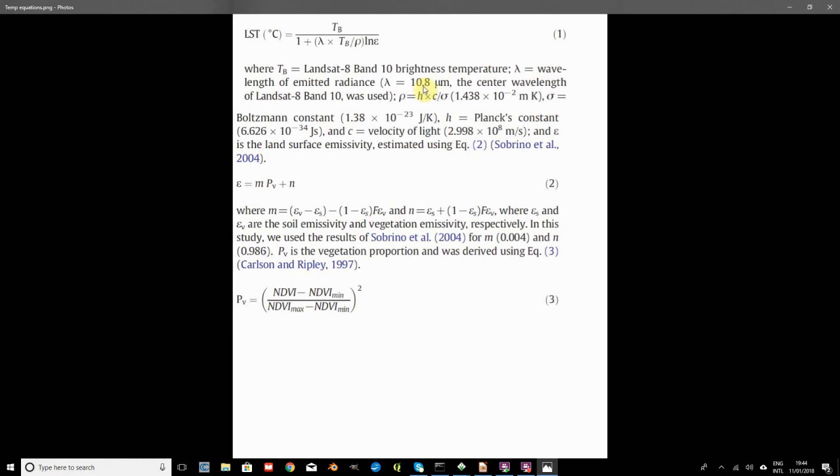This is going to become 10.8 to the minus 6. There are many ways to do this, but I would potentially calculate this bracket first. With a lot of brackets, we could actually just go ahead and calculate the surface temperature now.